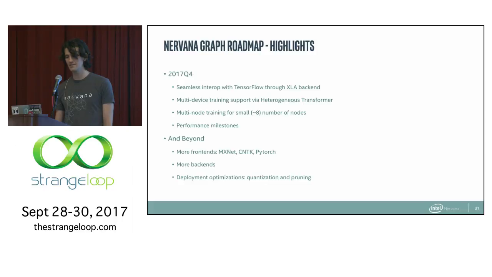And we have a set of performance milestones where we try to achieve the highest performance for a reference set of modern neural networks. The team is also working on developing MXNet transformers, additional front ends, CNTK, and a PyTorch front end. We'd like to see more backends, of course, connect to all this as new novel deep learning hardware is developed and brought to market.